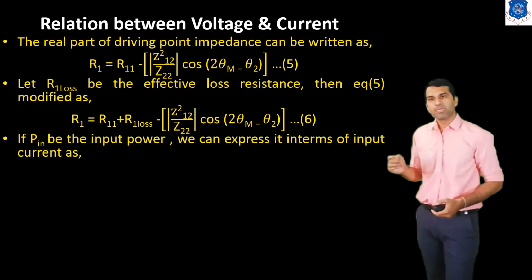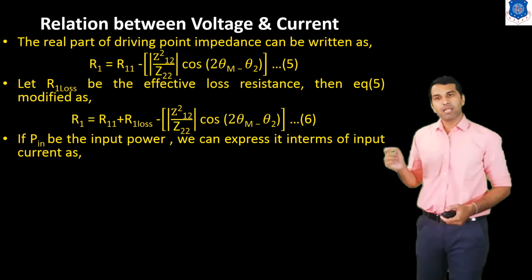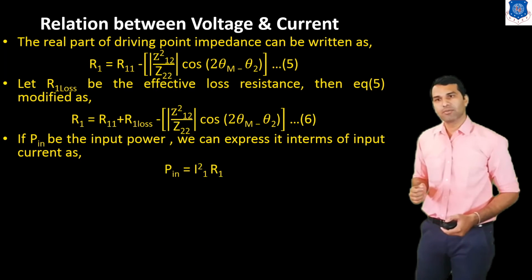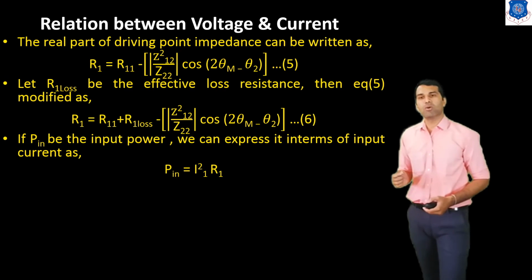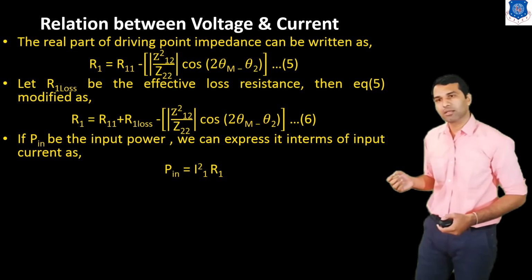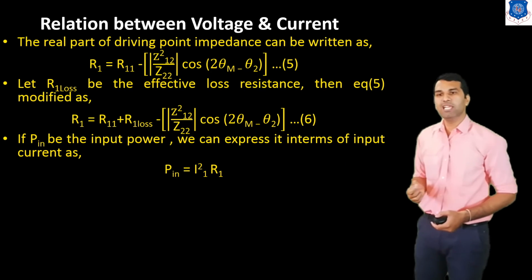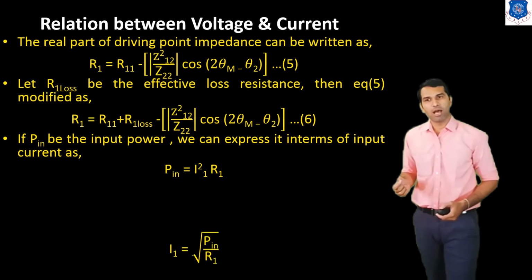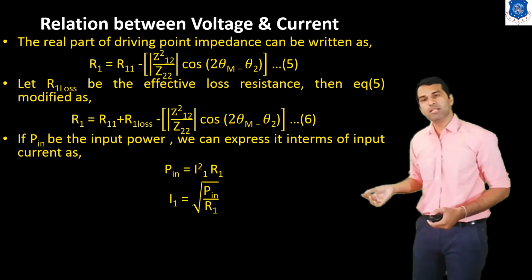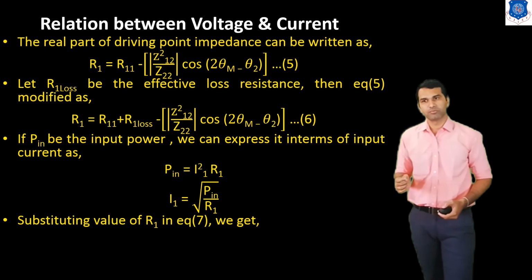If Pin is the input power, then we can express it in terms of the input current as Pin equals I1 square into R1. We know the relation between power and current, P equals I square R. From this equation we can write I1 equals under root of Pin upon R1.